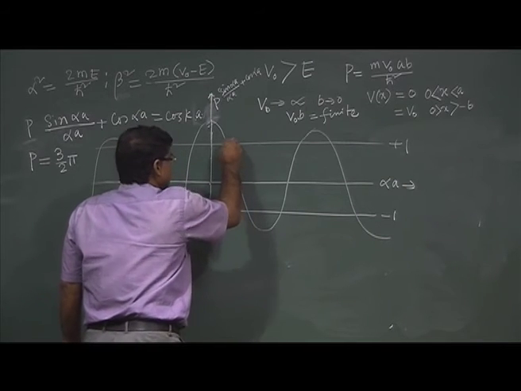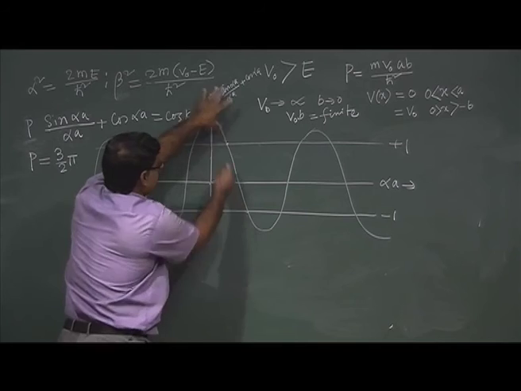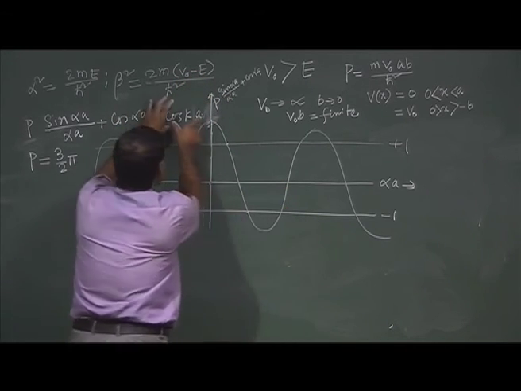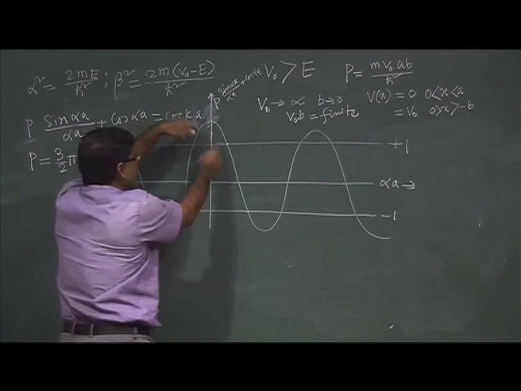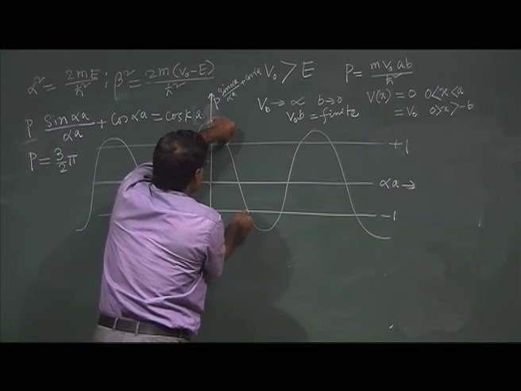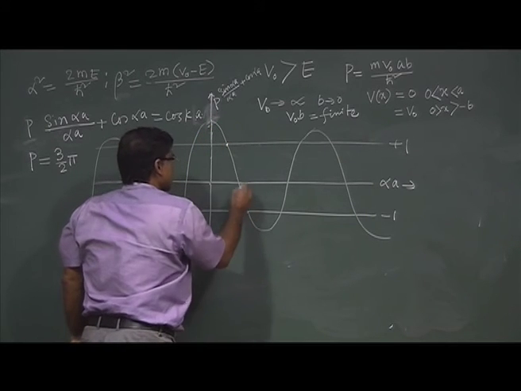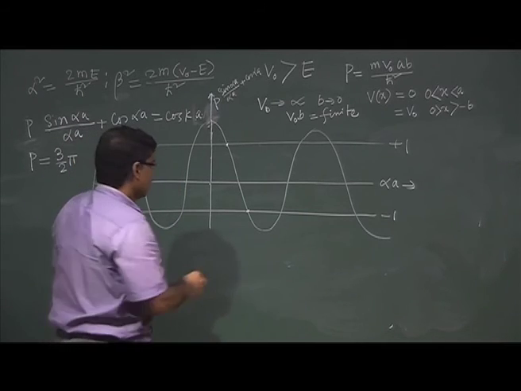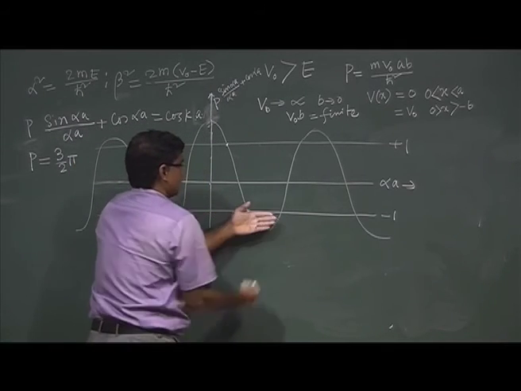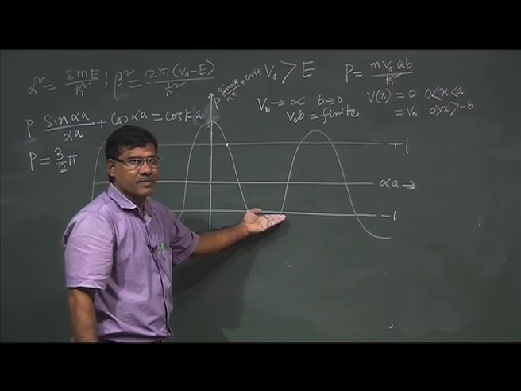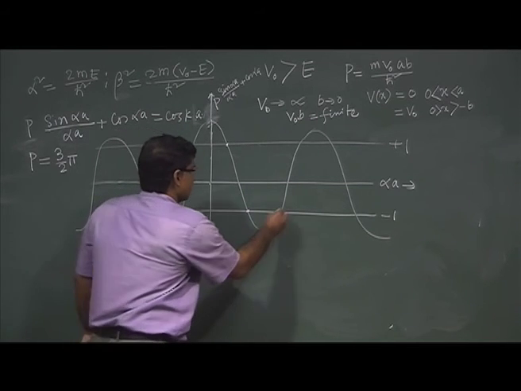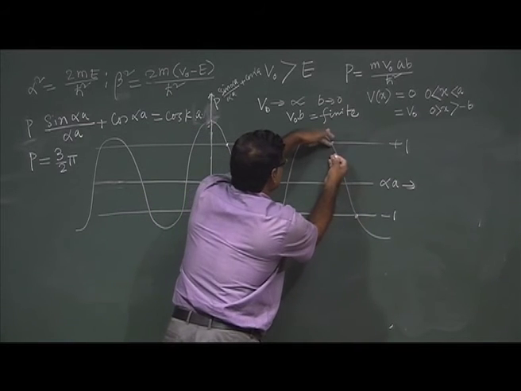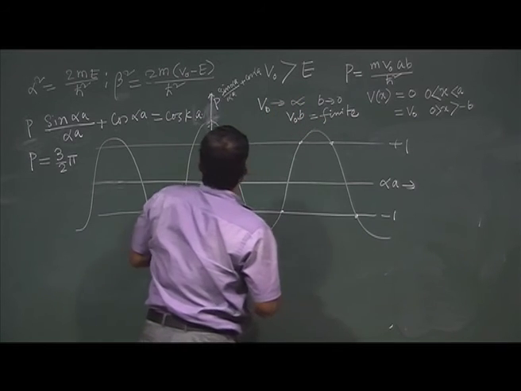From here to here, this is our function, and it is guiding us that it has to be within +1 and -1. So this part will be the solution, it will satisfy this equation. Similarly, this part we cannot consider, it will not satisfy this condition. So this part again, these are the solutions, the other part will not be the solution.